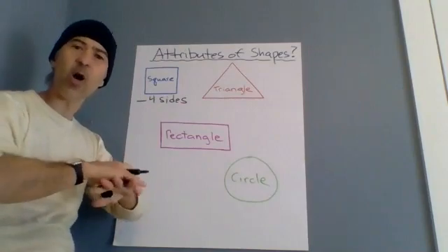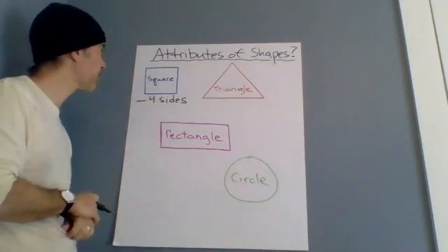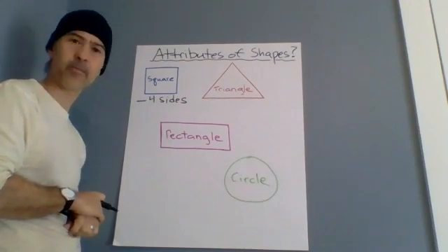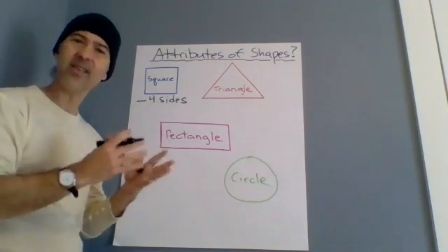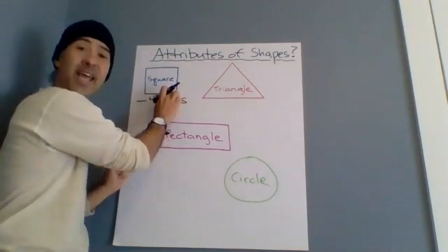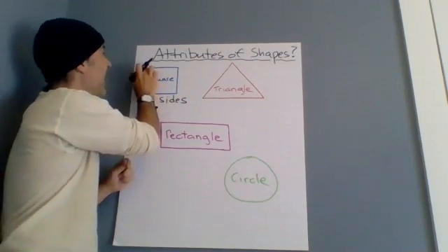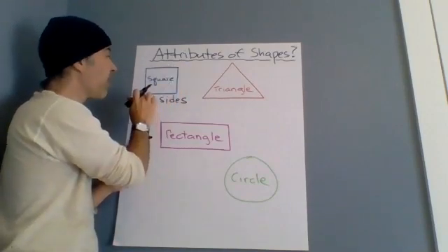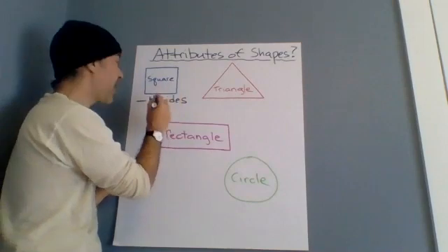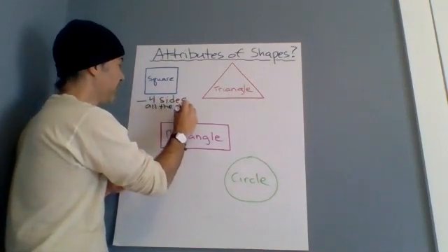Are the sides all different or do they look the same? Yeah, kind of like they look the same, right? This side is the same length as this side, it's the same as this side and that side. So a square has 4 sides, all the same.